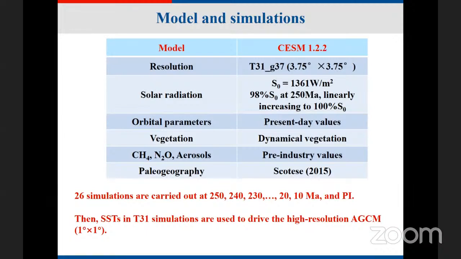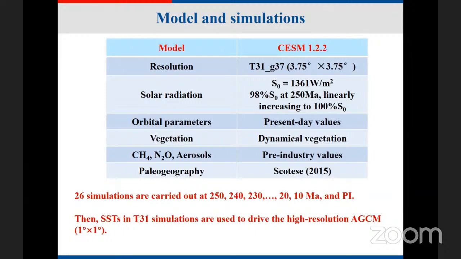The first step, we use the lower resolution CESM, the T31 version. Then we use the SST from the lower resolution model to drive the high resolution model, that's 1 degree by 1 degree.